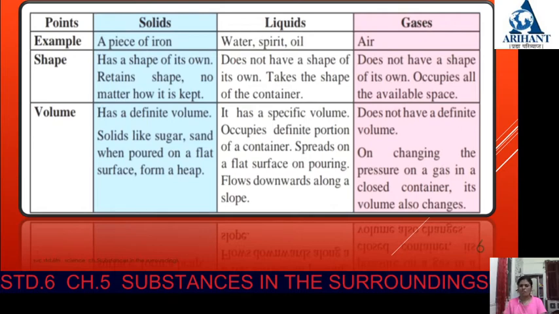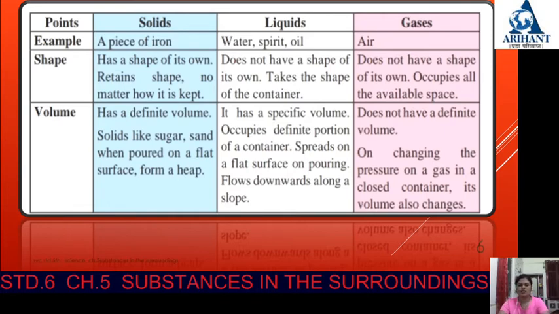It flows downwards along a slope. If we pour liquid on my hand, after some time the liquid flows downwards from the hand, so it does not have a definite volume.